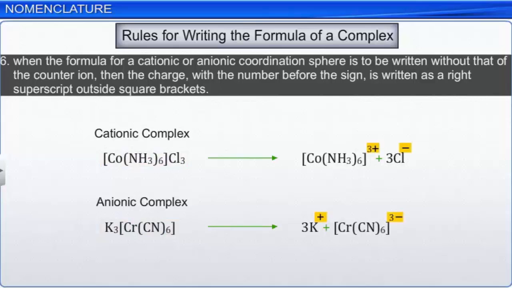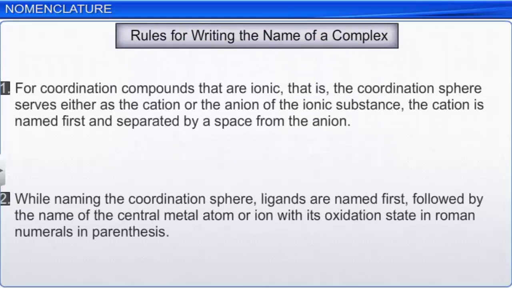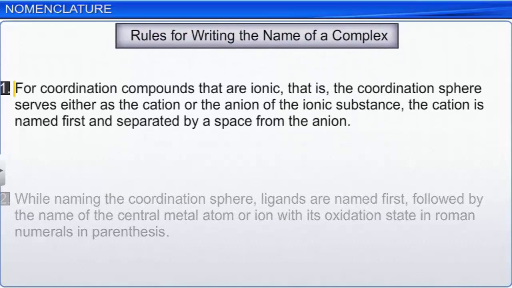Now let's see the IUPAC recommendations for writing the names of complexes. The first rule is for coordination compounds that are ionic, that is, the coordination sphere serves either as the cation or the anion of the ionic substance.